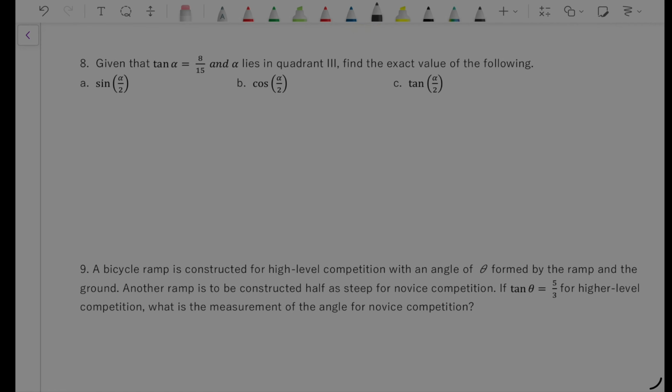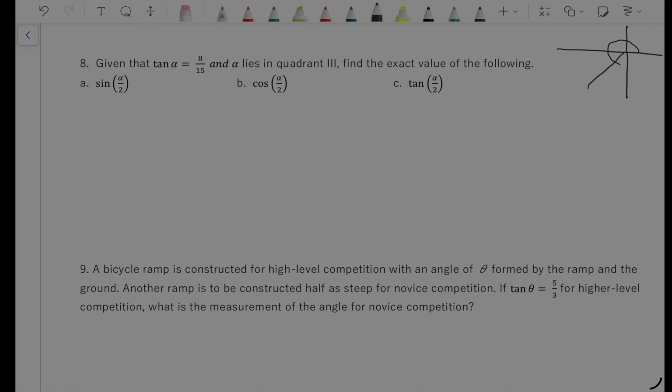My tip for us here is if they're describing something that you can visually draw, draw it. It'll help you and expedite all of the work moving forward. So here they tell us tangent of alpha is 8 over 15 and alpha is in quadrant 3. So the first thing I'm going to do is draw a picture. I will go over on the side here and draw alpha, all the way down, and we're in quadrant 3.